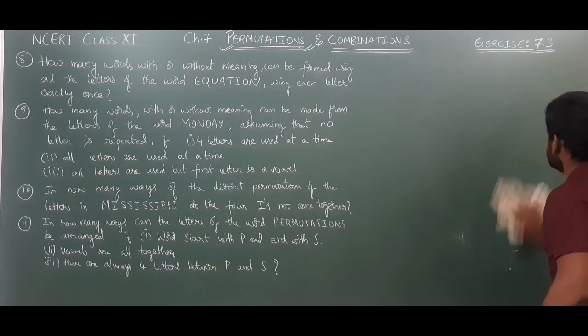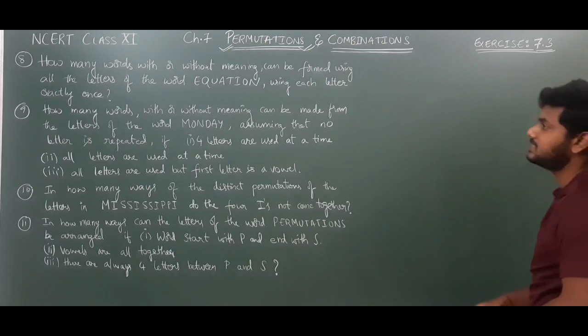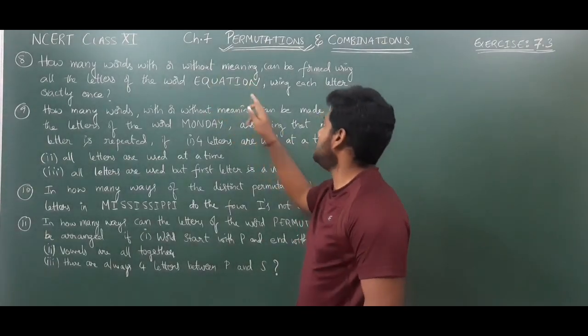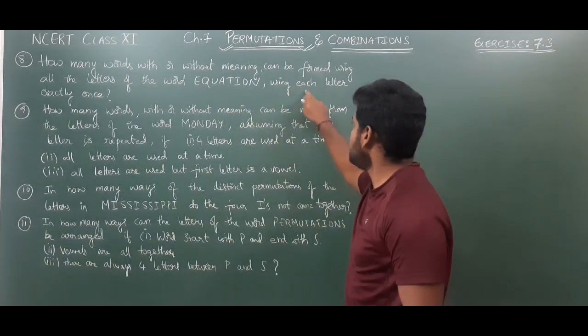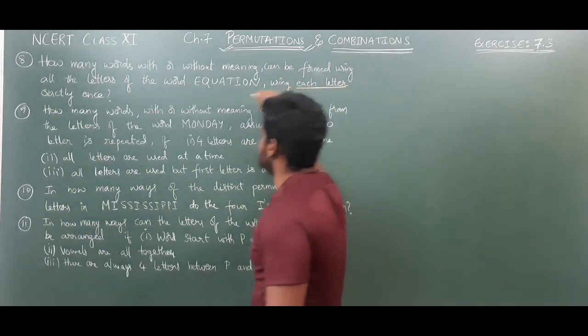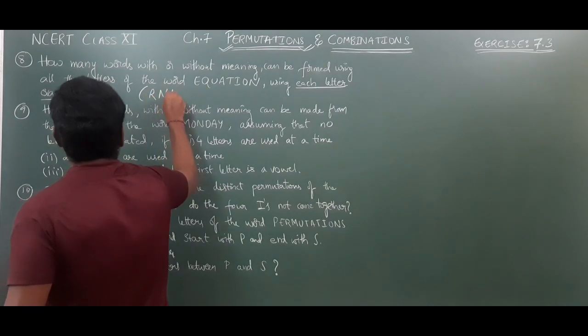Now when it comes to question number 8, listen carefully. These are all easy questions only. How many words with or without meaning can be formed using all the letters of the word EQUATION, using each letter exactly once? Each letter exactly once. That means which case? RNA case.